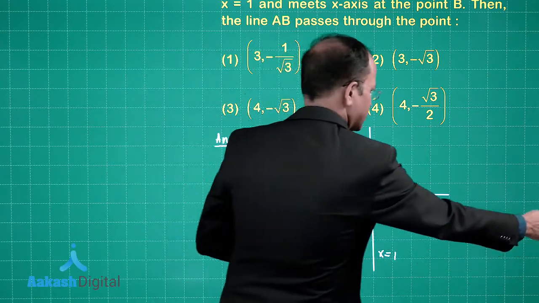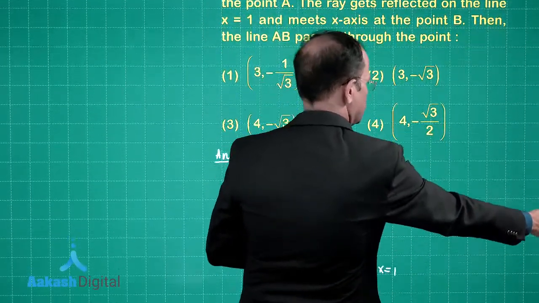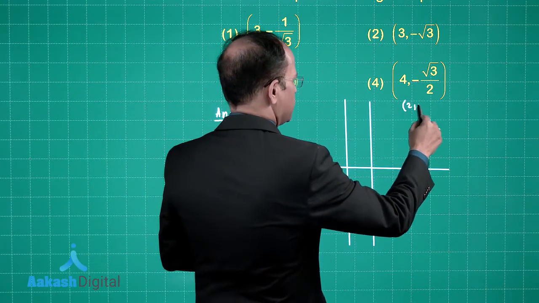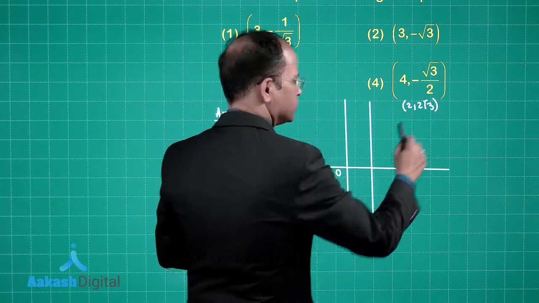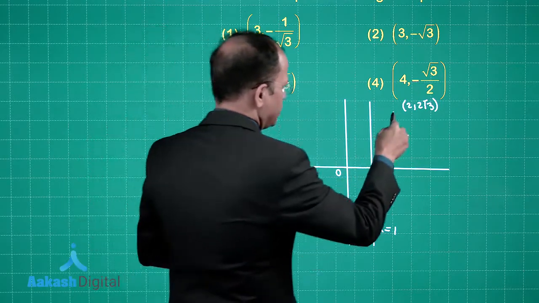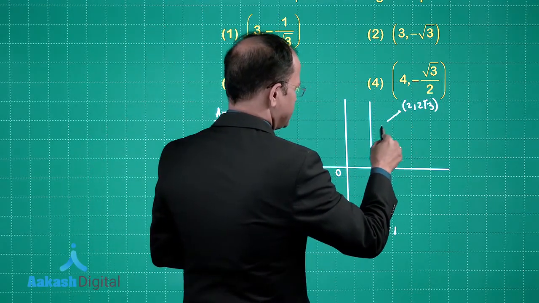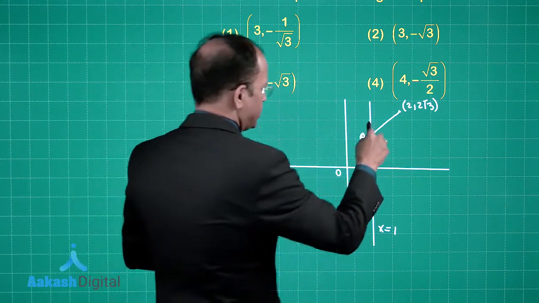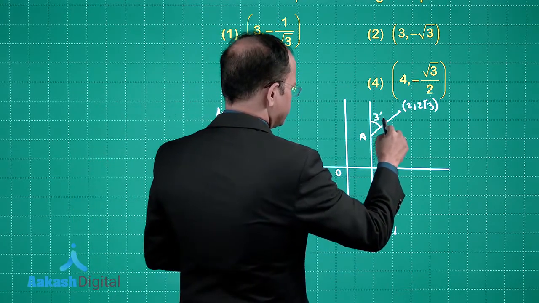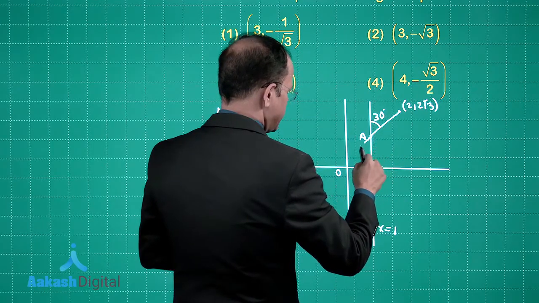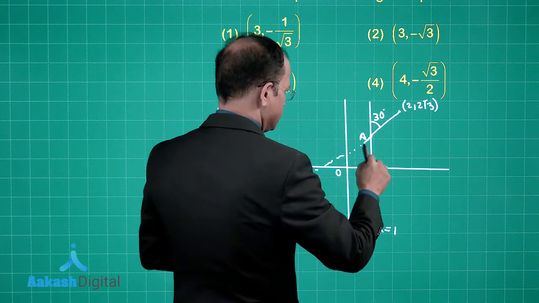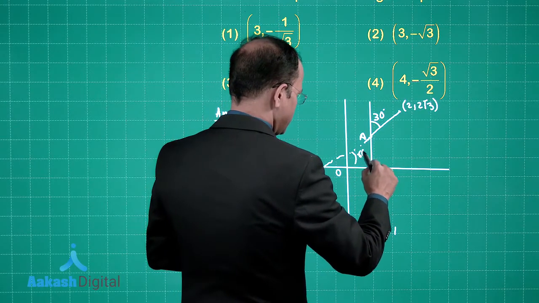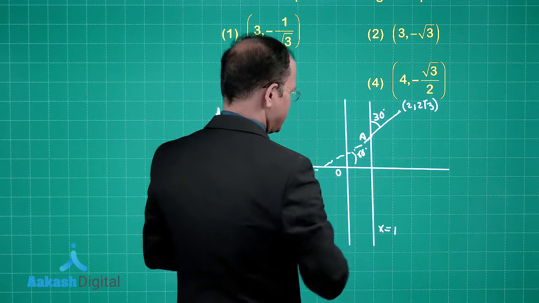And it has been given that from a point (2, 2 root 3), a ray of light has been incident on this at the point A and makes an angle of 30 degree. Now if I just take the extension part of this, let me take it as say 60 degree, right? Because if it is 30 degree, it's going to be 60 degree.